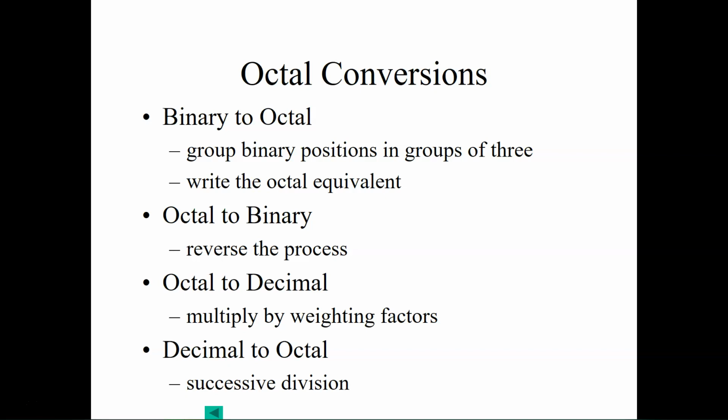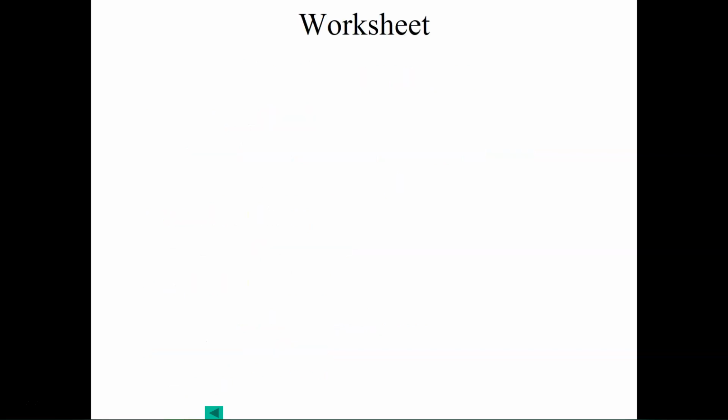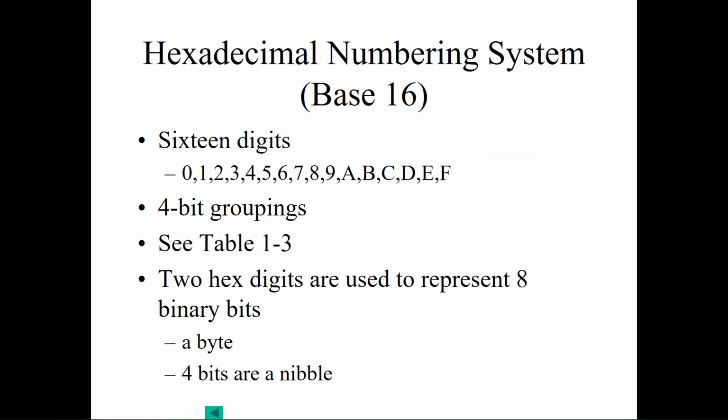If you're moving from octal to decimal, you have to multiply by the weighting factors. If you're moving from decimal to octal, you have to do division to get there.